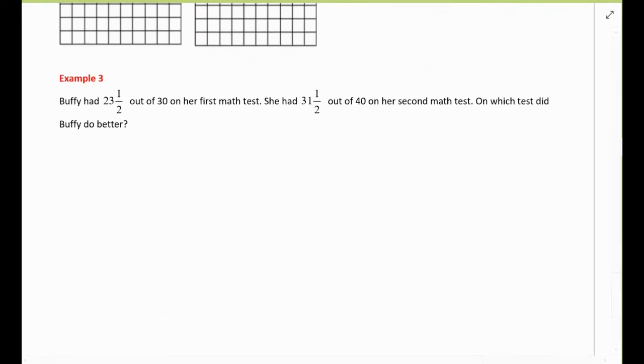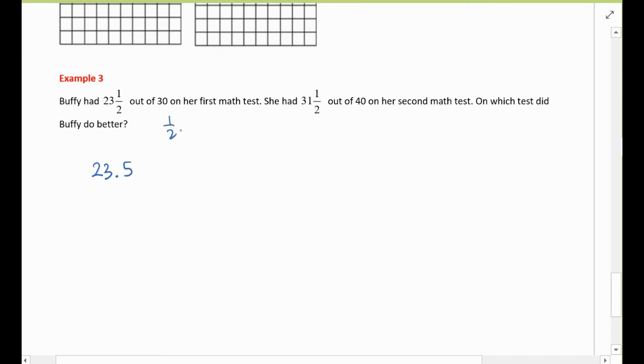The last question. Buffy had 23.5 out of 30 on her first math test, and she had 31.5 out of 40 on her second math test. On which test did Buffy do better? Okay, 23.5. Half is 0.5.